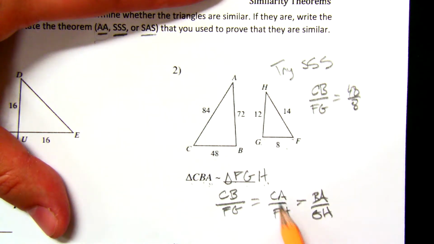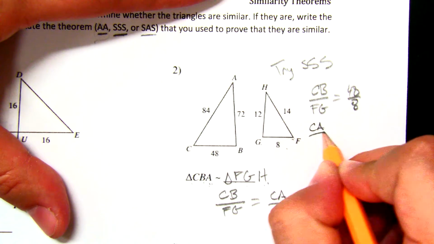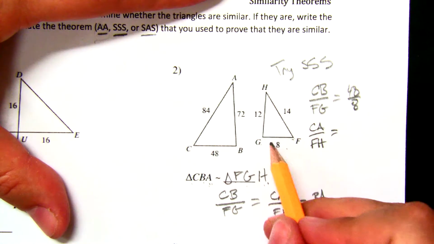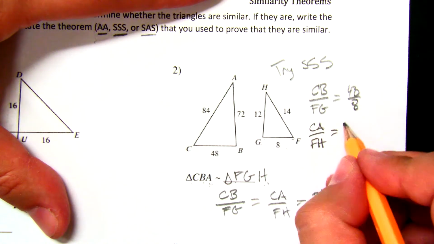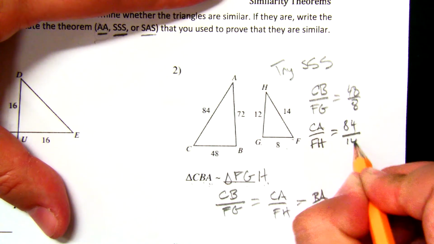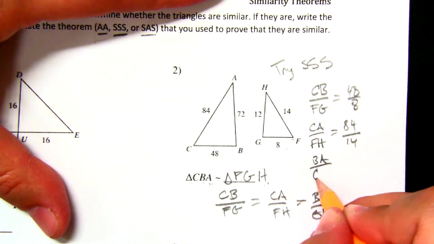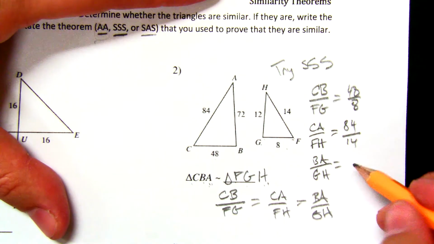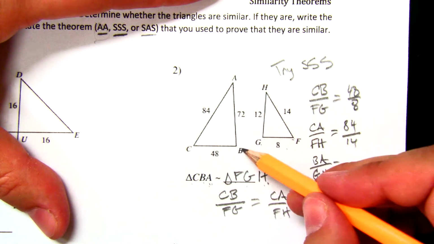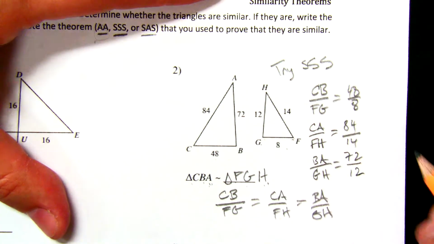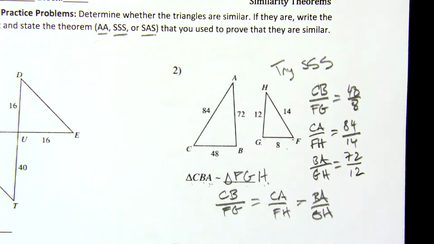Then I've got CA over FH, CA is 84, FH is 14. And then BA over GH, that's 72 over 12. And I want to show that all of these proportions are equal. Well, let's check it out.